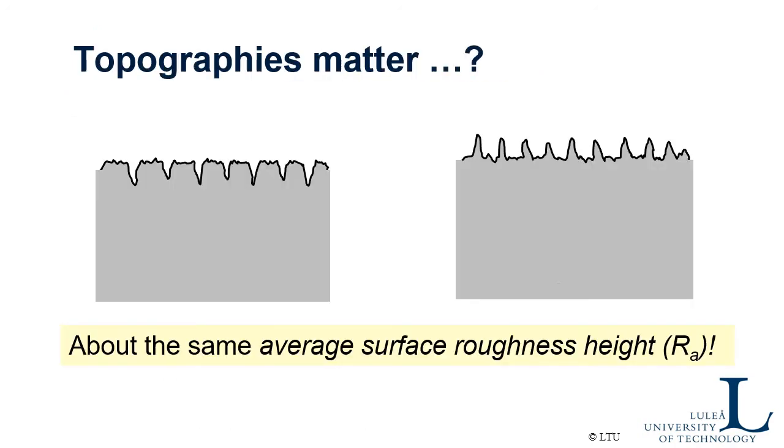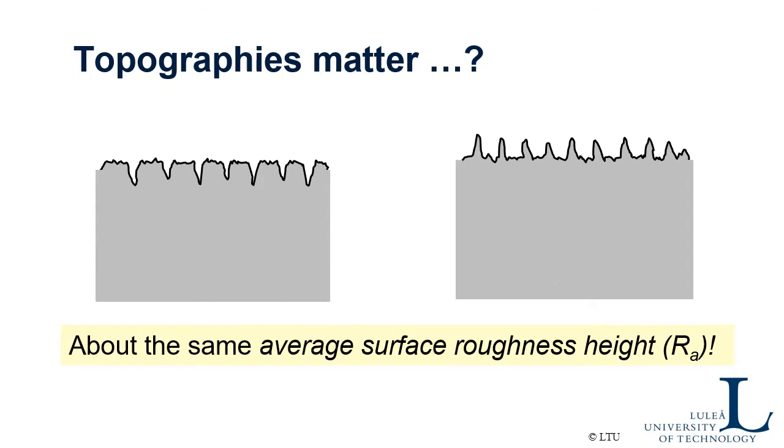So what is Ra then? Ra is, as I said, maybe the most common number we're using, but is it the most useful number? No, I wouldn't say that. In this case we have two surfaces having the same Ra, but you may have an intuitive feeling about which one is better from a tribological point of view. I normally say to students that you should think about this as your bathroom rug.